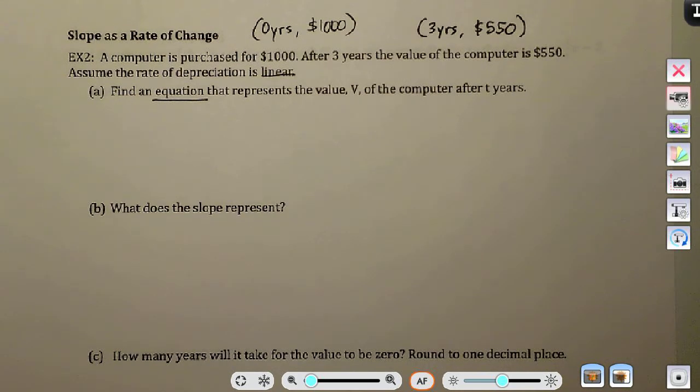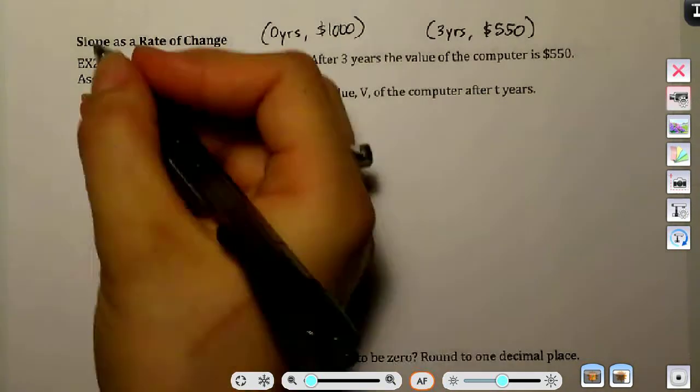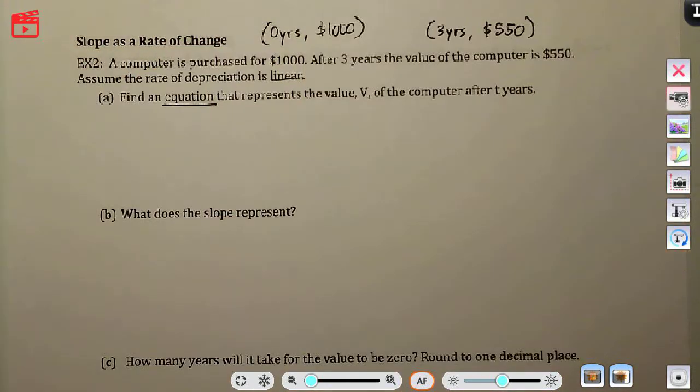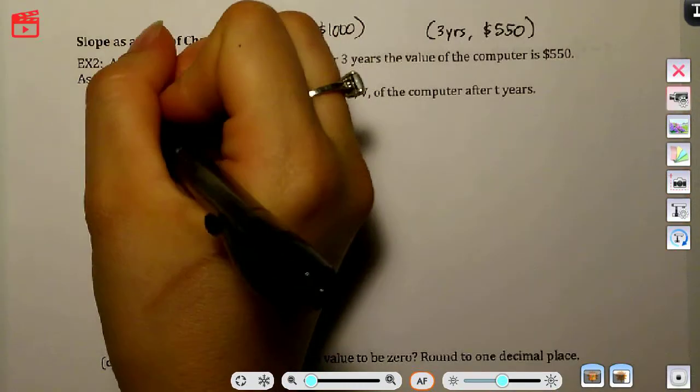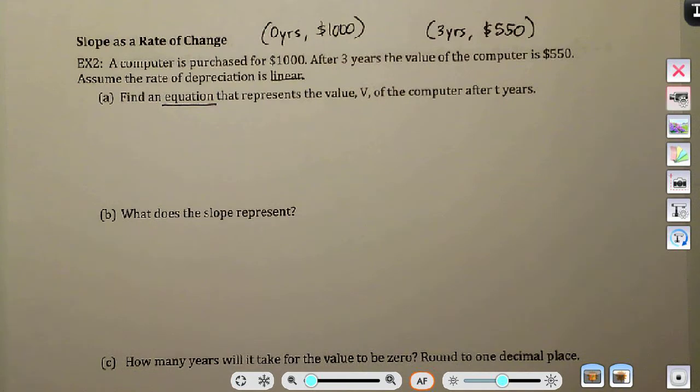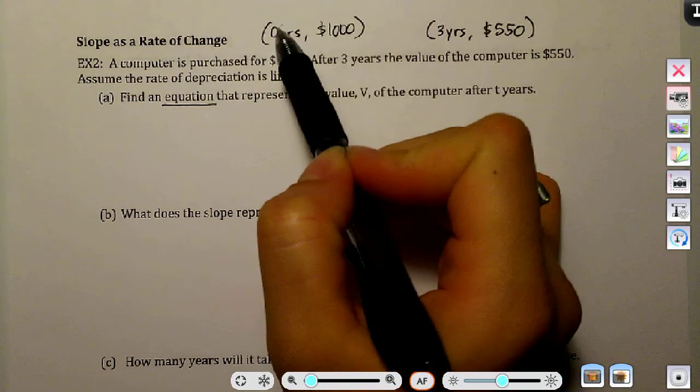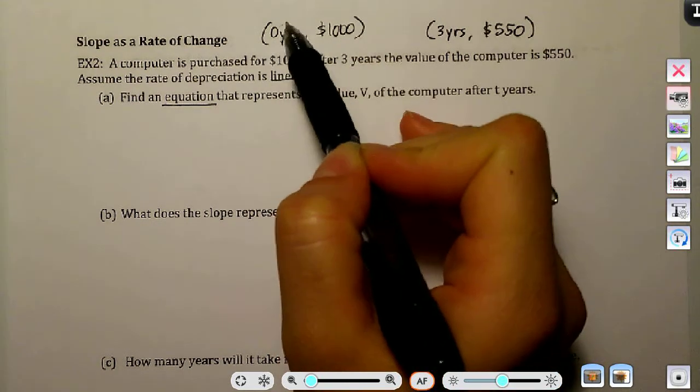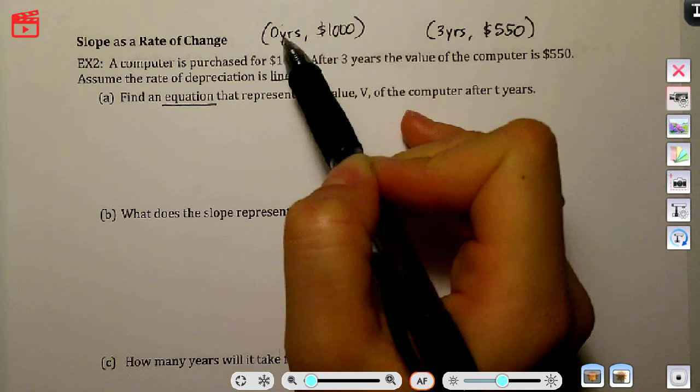Well, no problem. I can use 2 points to find a slope, and then I can plug that into my equation. So for the equation, I could use point-slope form, or I could use slope-intercept. And I might want to use slope-intercept because this is an intercept. My x value, or my first value, is 0.